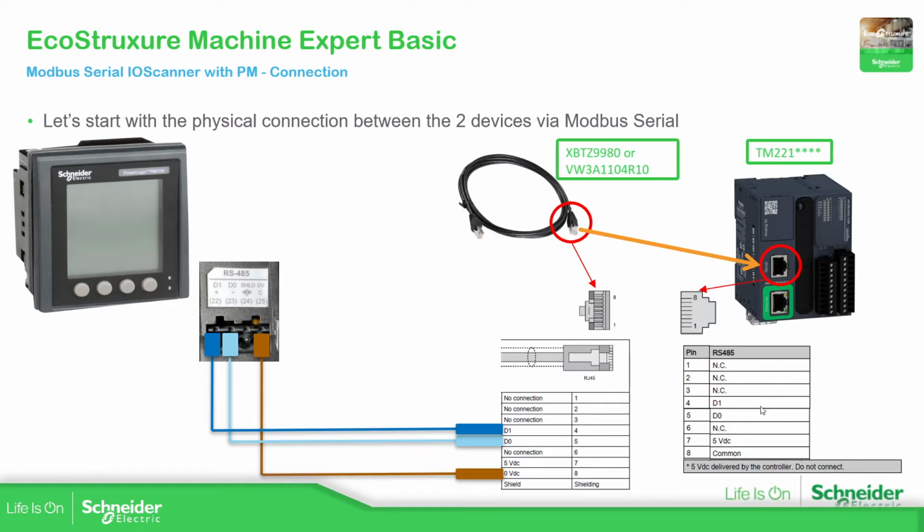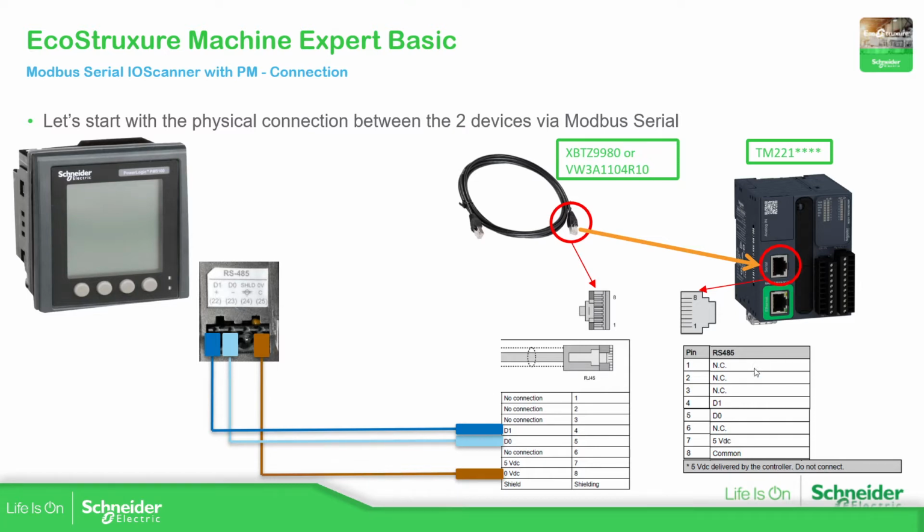Each PLC probably shows A plus or A minus, so it would depend. But what you need to know is that basically you will need to use 3 cables: plus, minus, and then the common.